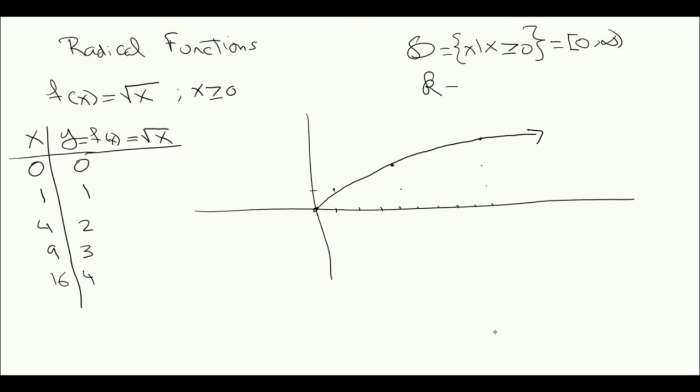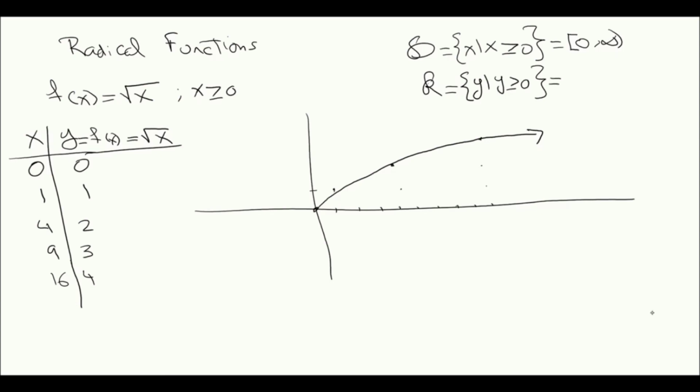And the range is going to be also, notice what are the outputs. If you look at all the y values that are associated with this function, they also start here and go up. So the range is going to look almost the same, but it will look different in set builder notation, because instead of saying all x such that x is greater than or equal to 0, we're going to say all y such that y is greater than or equal to 0.